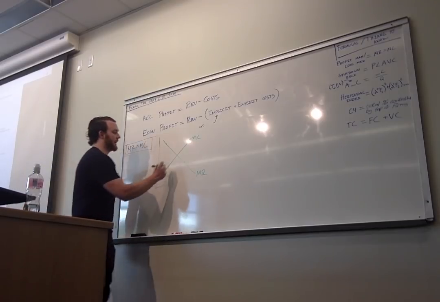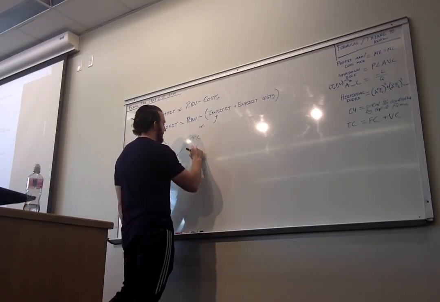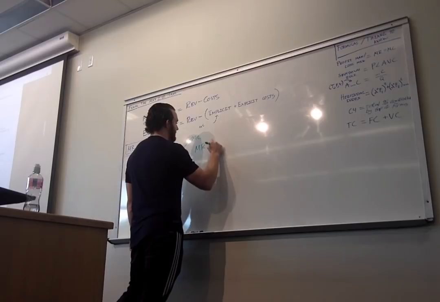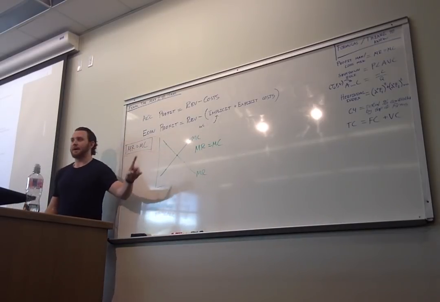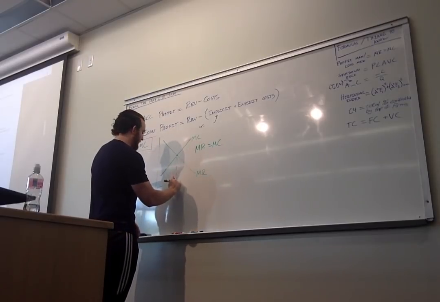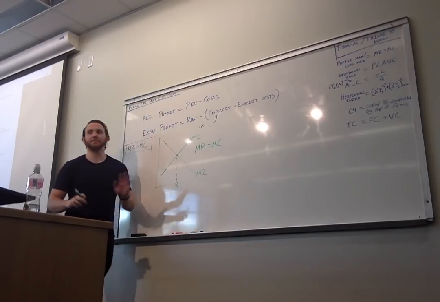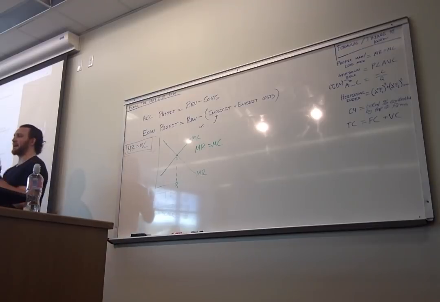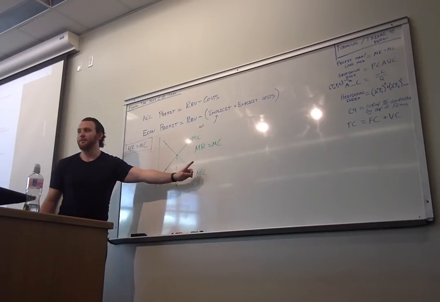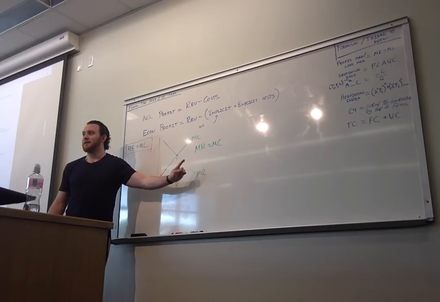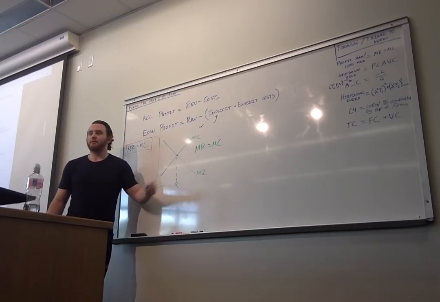Right, the point where you hit right here, where marginal revenue is equal to marginal cost. When you hit that quantity, you have reached the point where you are maximizing your profit. Because if you go any further out, what happens? Cost starts being greater than how much money it's made.